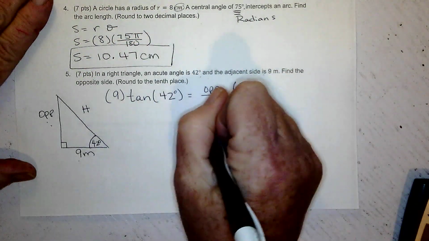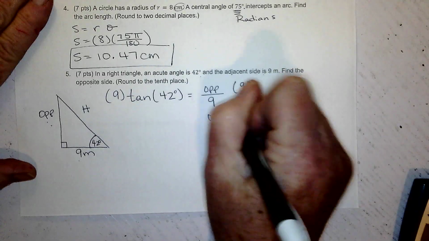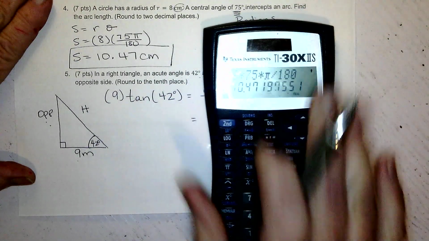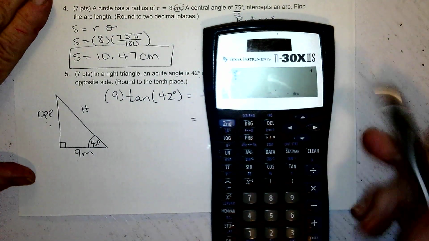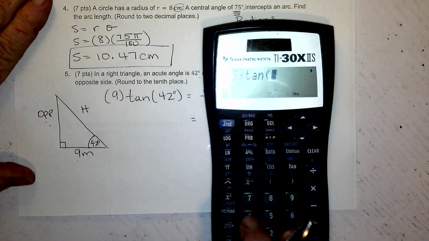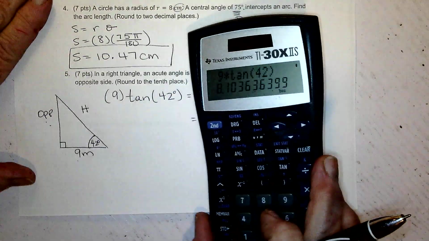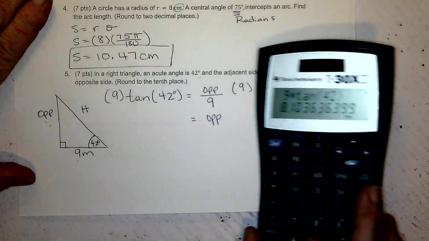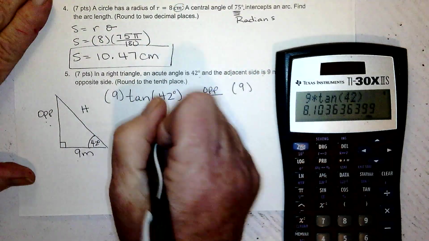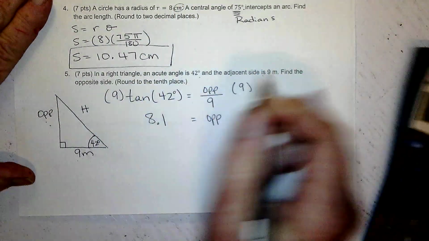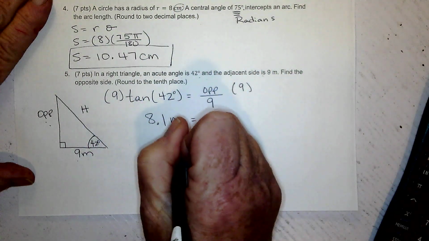And I'm going to go ahead and put this in my calculator. The opposite side is, make sure I'm in degrees. Yes, I am. 9 times tangent of 42 is 8.1, and we're just going to the tenths place, so 8.1. We just needed to give our unit, which is meters.